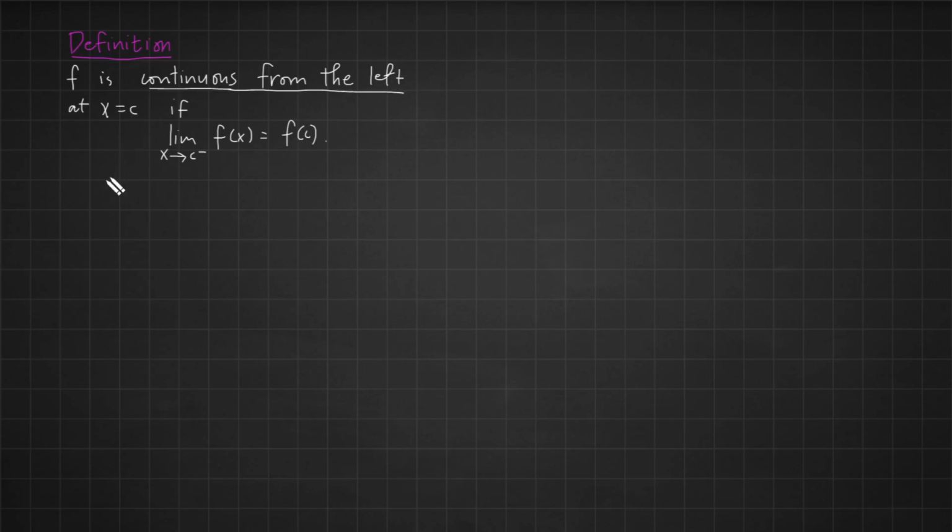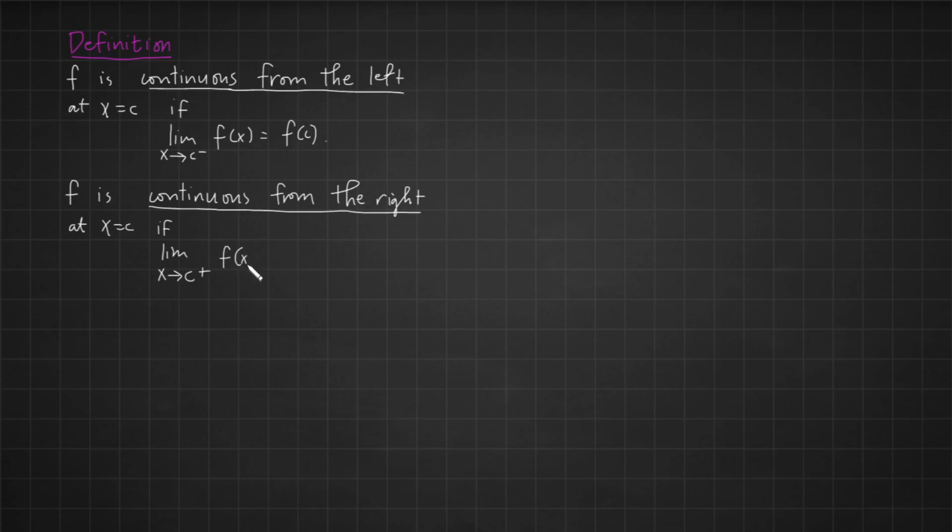So ganun din, kung continuity from the right naman, f is continuous from the right at x equals c if yung limit as x approaches c from the right is equal to f of c.